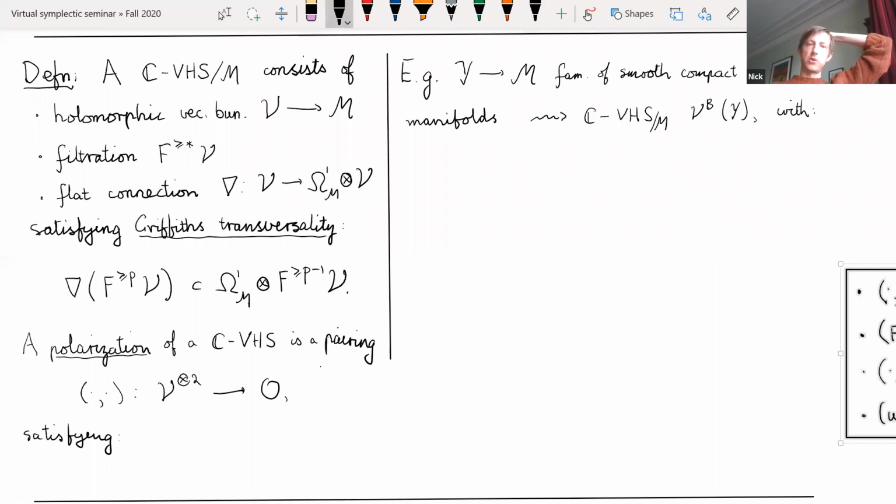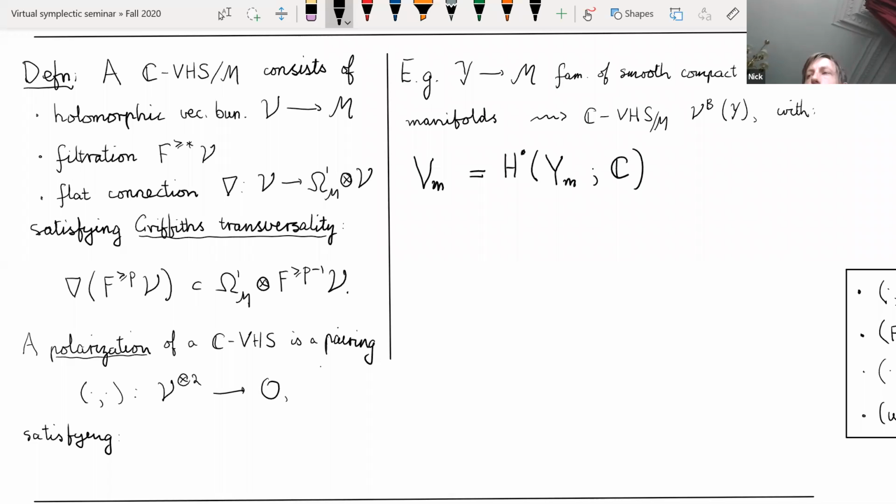All right, so the classic example of one of these objects is when we've got a family of smooth, compact Calabi-Yau Kähler manifolds, Y. Then we've got such a complex variation of Hodge structures, and the vector bundle V has fiber at the point m the cohomology of the fiber of this family over the point m.